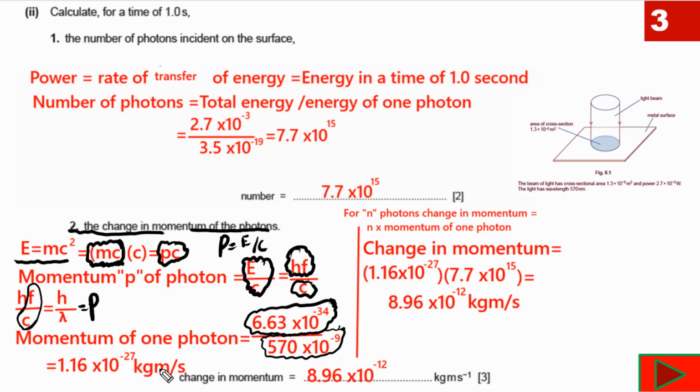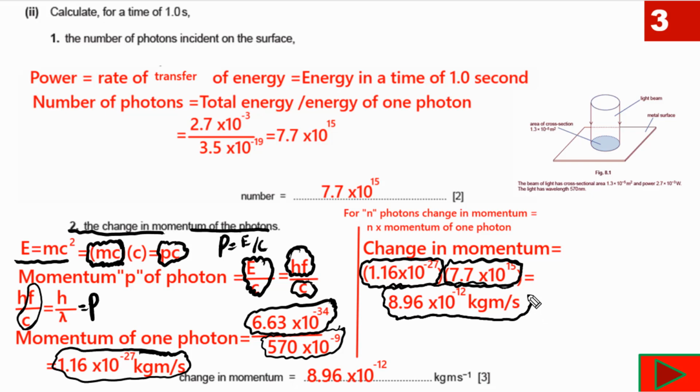And if we just solve it, we can find the momentum of a single photon. But in this case, the number of photons arriving at the surface is equal to this, and we need to find the total change in momentum. So we just need to multiply the number of photons with the momentum of a single photon. So this is the final answer, meaning this is the change in momentum.